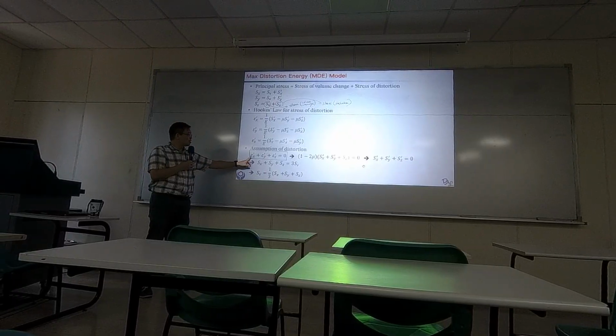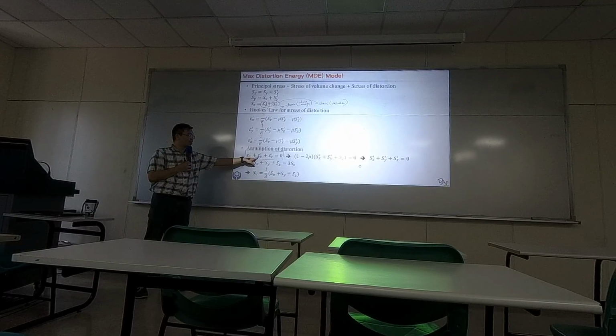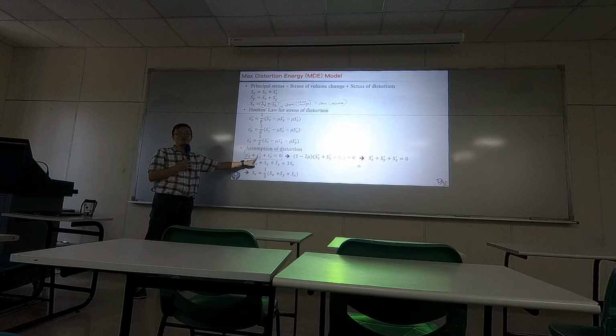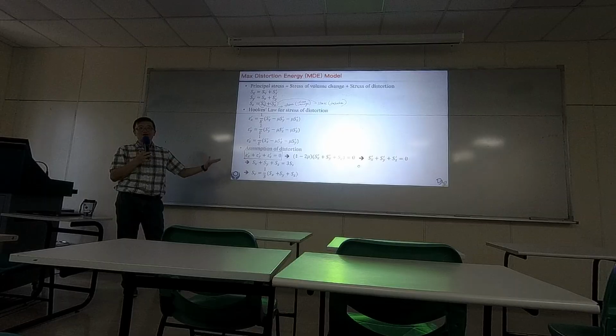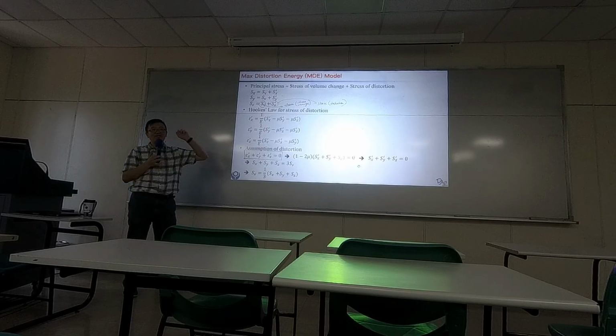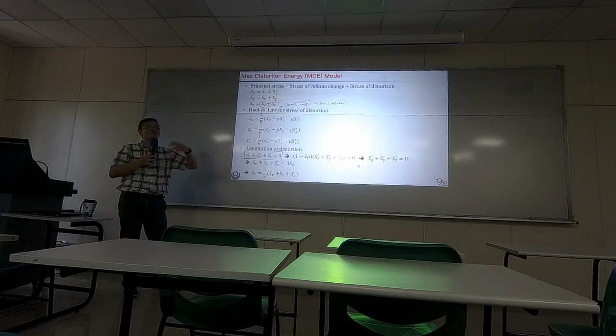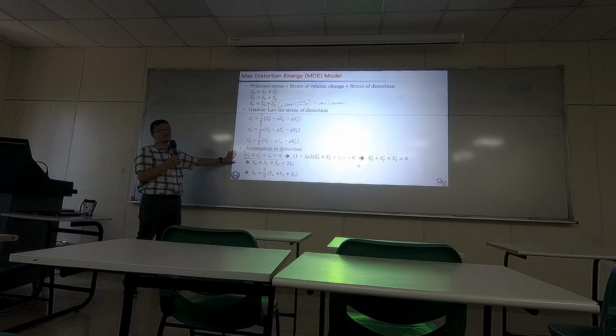It's like here I could have plus 1% of increment, but right here I need to have minus 1%. So totally 0% of volume change. This is how the concept of zero volume change can be mathematically described. And that's an assumption.